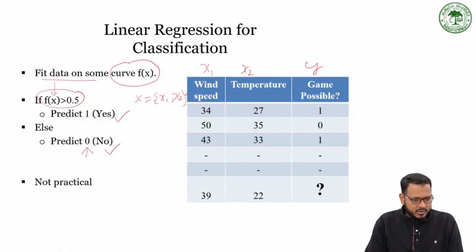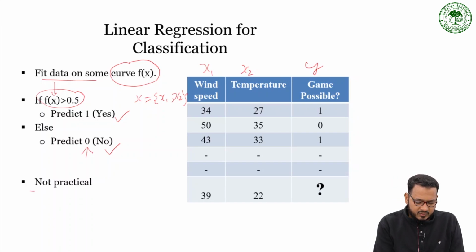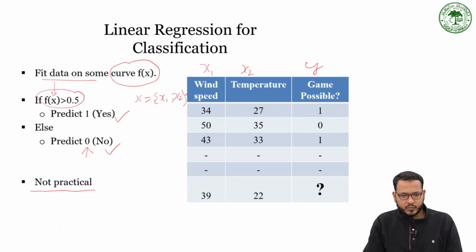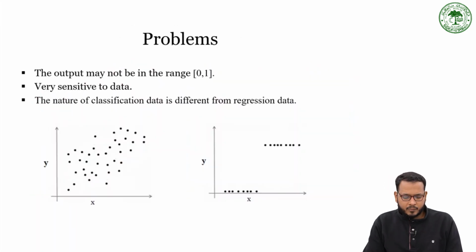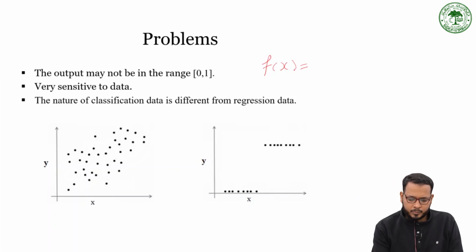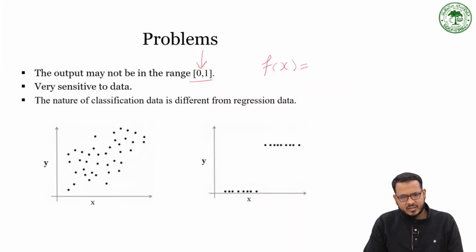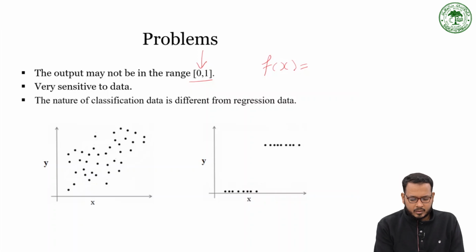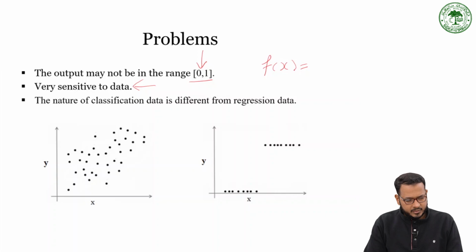Though we can follow this process, this strategy is not very practical due to various reasons. Let's explore why this is the case. First of all, if we try to fit a curve f(x) with the help of the linear regression algorithm, the output may not always lie in the range 0 and 1, which is typically the case for classification problems. The linear regression algorithm is very sensitive to data, especially the outliers.